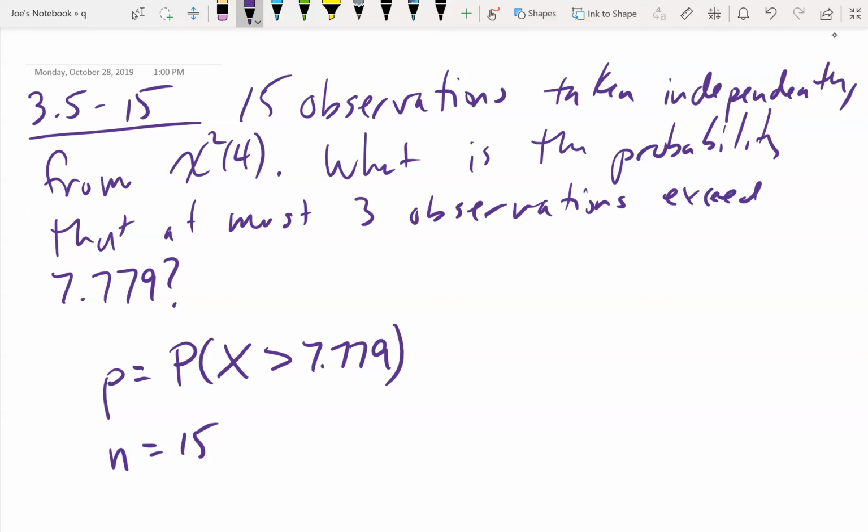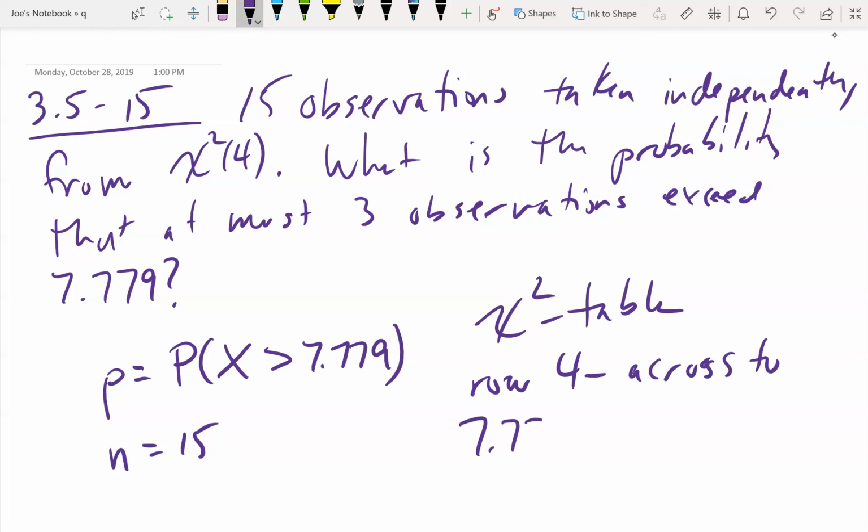Remember again, down the left column were your degrees of freedom, and across the top were the values that told you the probability was less than a certain value or greater than a certain value, depending on how you read it, right? So if I go down to row 4 and go across to 7.779, I found that 7.779 value.